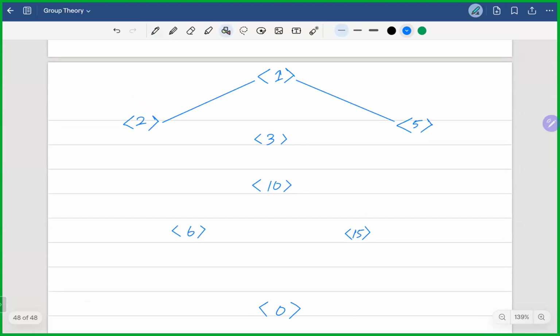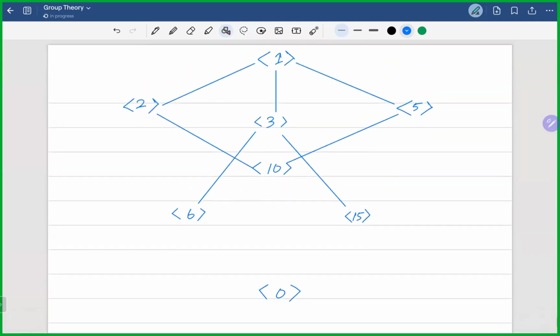One is a subgroup of 2, and here, 3 is not in 10.